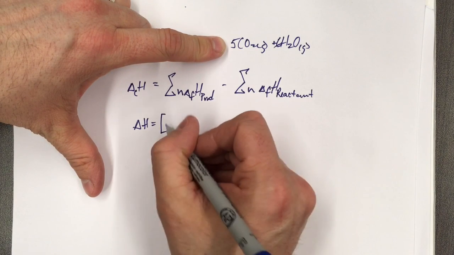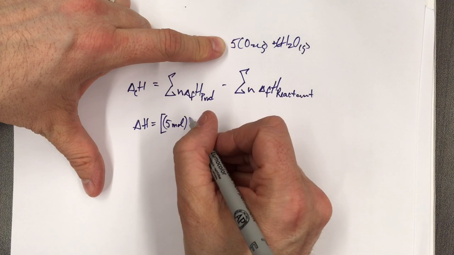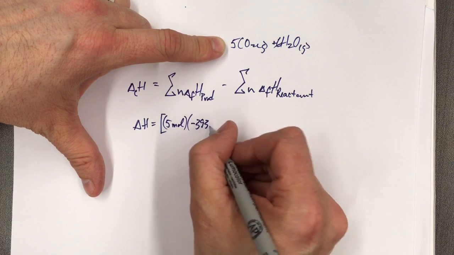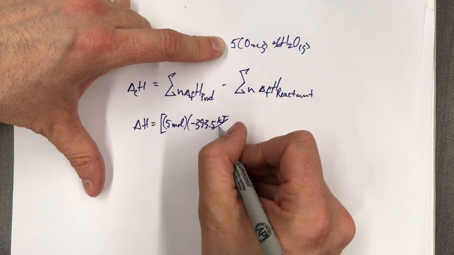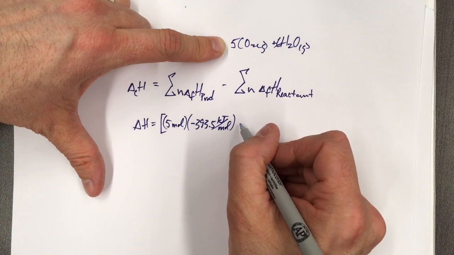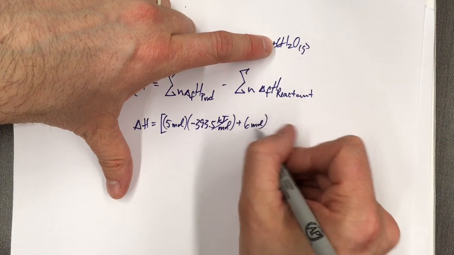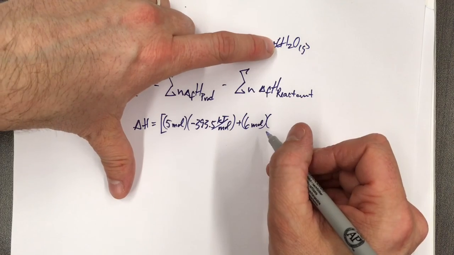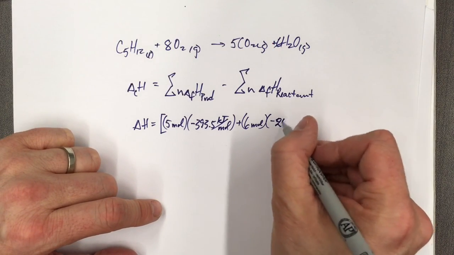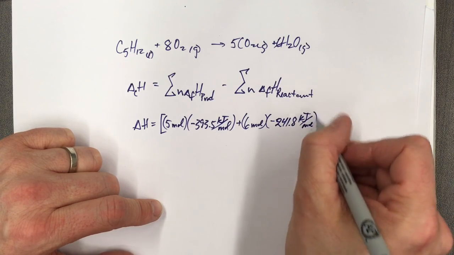So I've got 5 mole times negative 393.5 kilojoule per mole. That's the molar enthalpy of formation of carbon dioxide, plus 6 mole times the formation enthalpy of water, which in my data booklet tells me it's negative 241.8 kilojoule per mole.